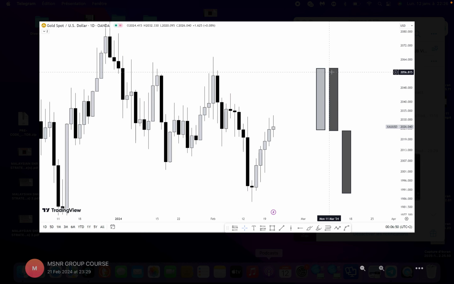So we have a buy and then we have a sell, right? What does this create? An area of resistance, right? Let me just mark it up like this. This is an area of resistance right here. And then the market sells off, right? Another area of resistance right here.